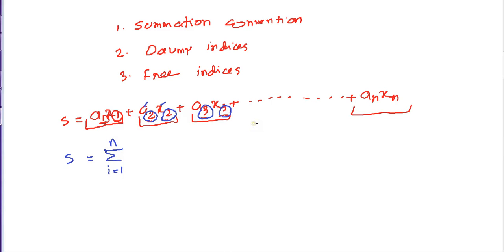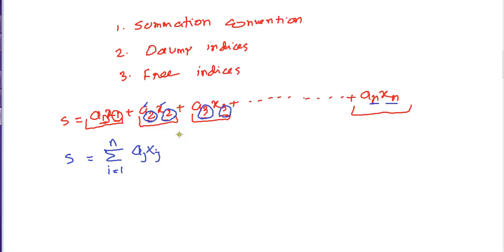We have a and x, and both indices at a and x are the same: 1 1, 2 2, 3 3, or n. So we can write j and j. If we write the index j on a, we should also write j on x.